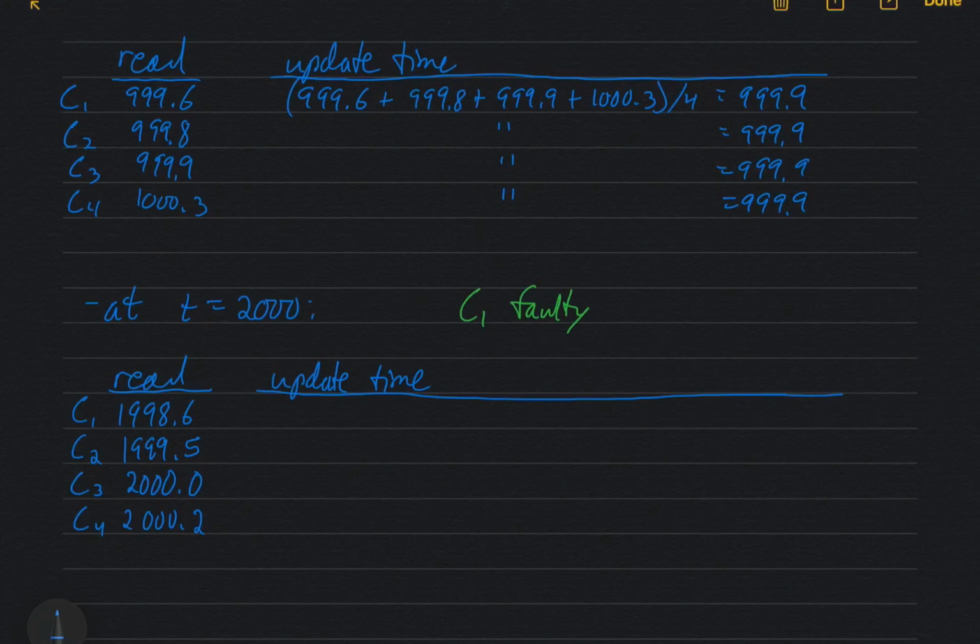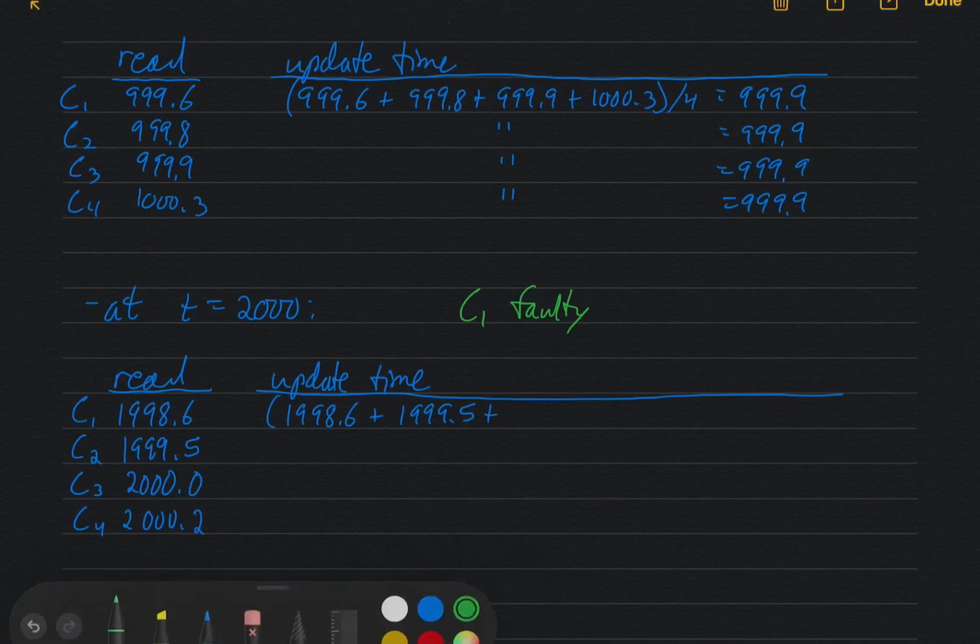So let's write each of those out. So clock 1 will use its own time. It will use the time that is reported by clock 2, but when it receives the time from clock 3, it's going to apply the convergence algorithm. It doesn't know which clock is faulty. It doesn't know that it's faulty. So it's going to replace clock 3's time with its own time.